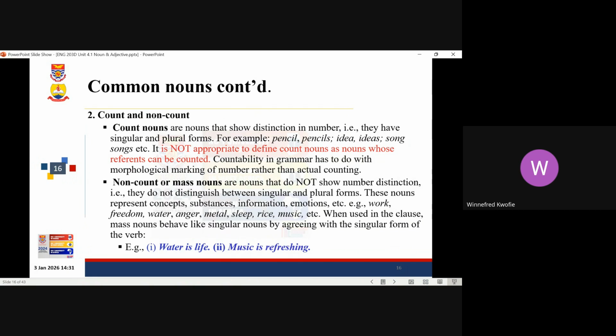But for the non-count ones or the mass nouns, we cannot count them. For instance, we can't count water, anger, music, sleep, rice, sugar. Those that we cannot count are the mass or non-count nouns.